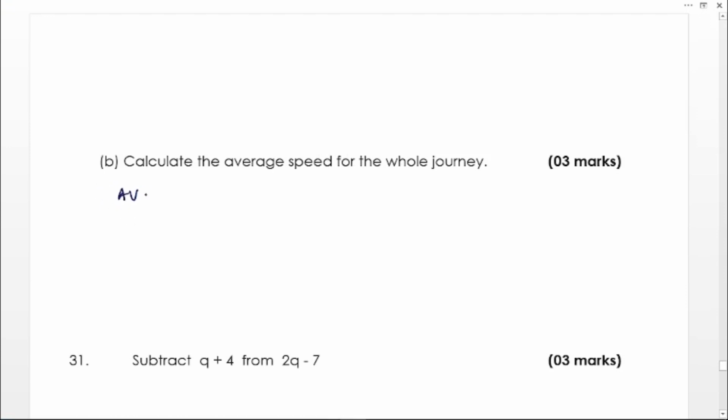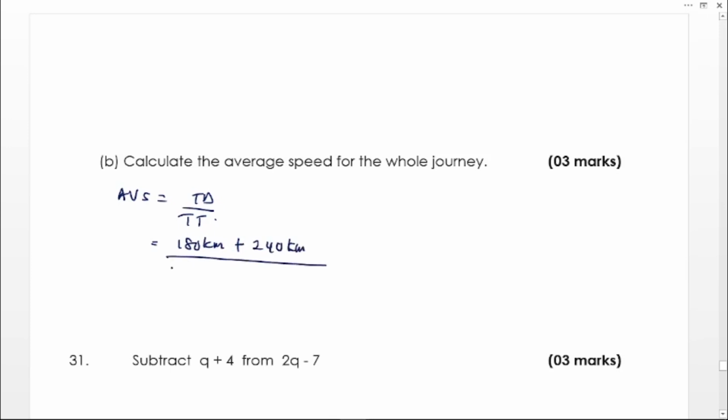Average speed is equal to total distance over total time, and this total time involves even the resting time, the time we took while eating, resting. So total distance, we are going to have journey 1, which was 180 kilometers. We add there 240 kilometers for the second journey.